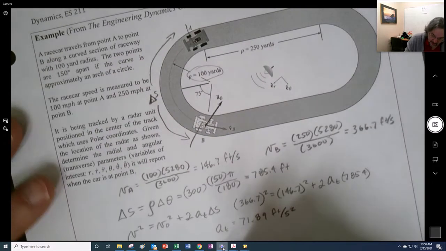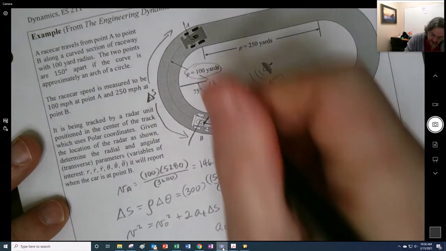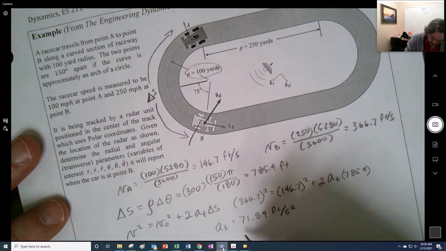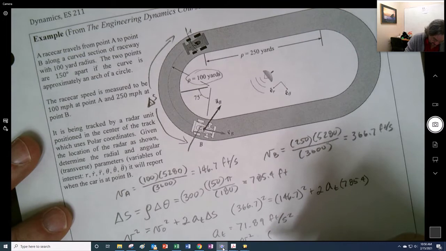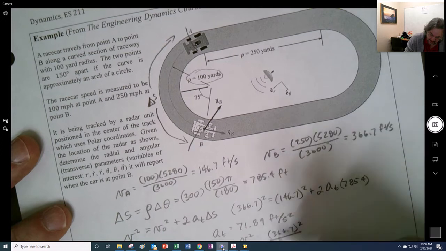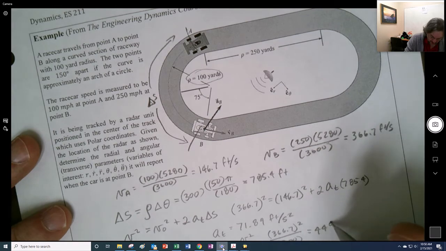We'll find that our normal acceleration, because it's changing direction, is going to be v squared over rho, where v squared at this location is 366.7 squared divided by our 300. So we get 448.2 feet per second squared.